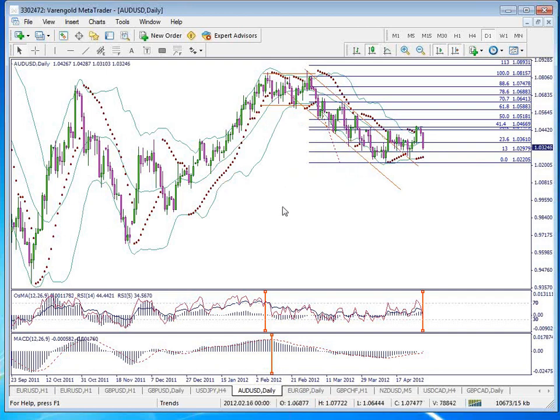Okay, so let's go into a smaller time frame to see how we can manage those signals, those situations that we have on the daily. I will also mark some important technical events.